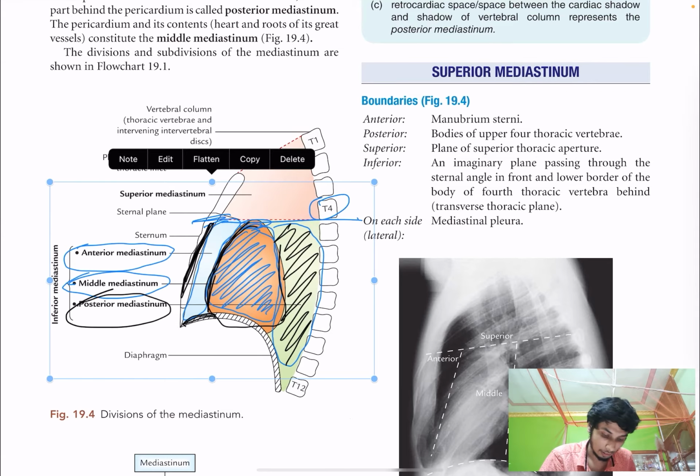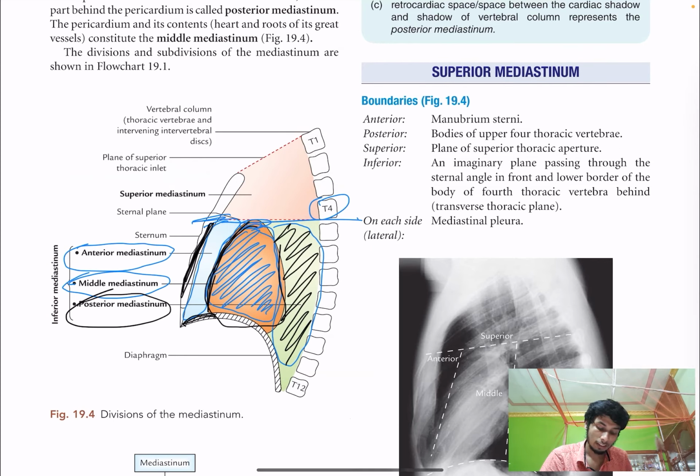Easy, same. For the posterior mediastinum: posteriorly the vertebral column and intervening discs, anteriorly the middle mediastinum, superiorly the same transverse thoracic plane, and inferiorly diaphragm.